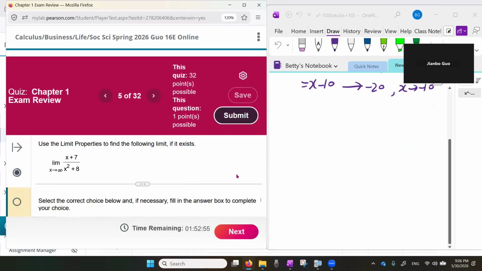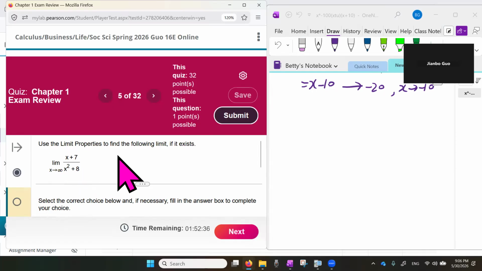This function is rational as well. And the numerator is linear, degree 1. Denominator is quadratic, degree 2. And we are looking for the limit of the function when x approaches infinity.